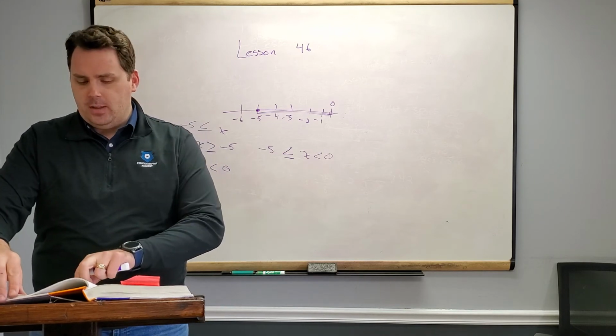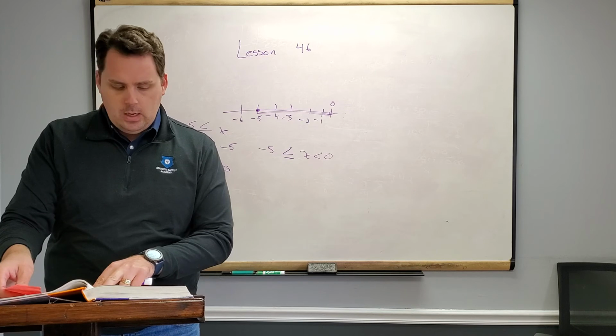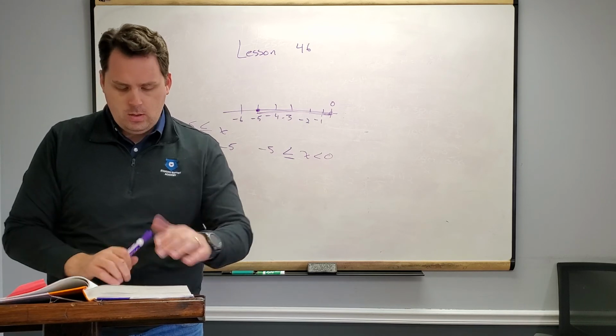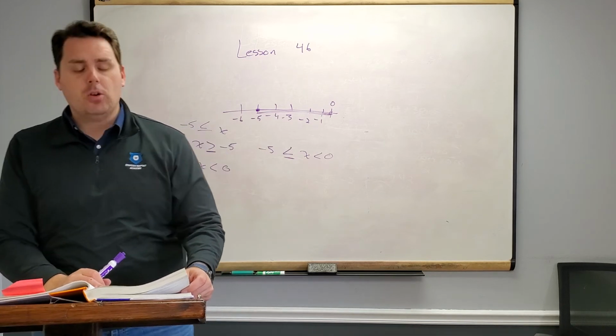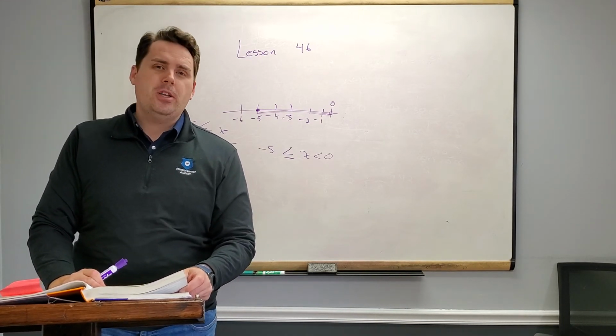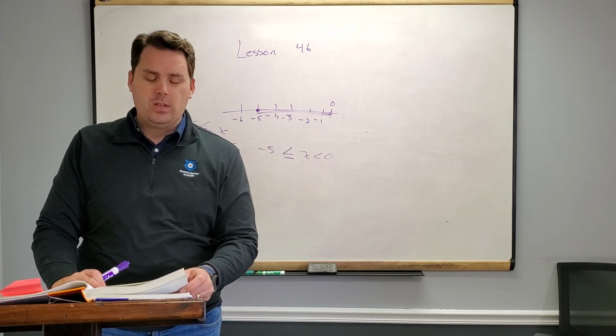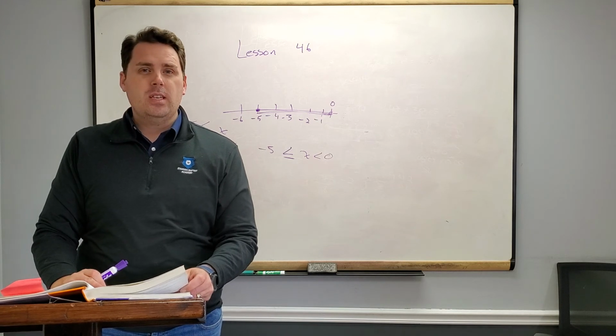Okay, now that you've done it, let's go ahead and take a look at lesson number 46. Practice A, you should have a circle on the -5, not colored in, going to the right, all the way to the +4, circle on +4, and it's colored in. Letter B, you should have 2 circles, neither should be colored in.